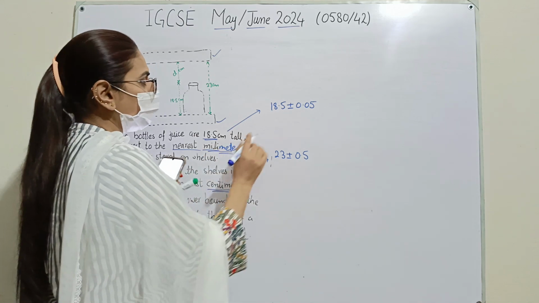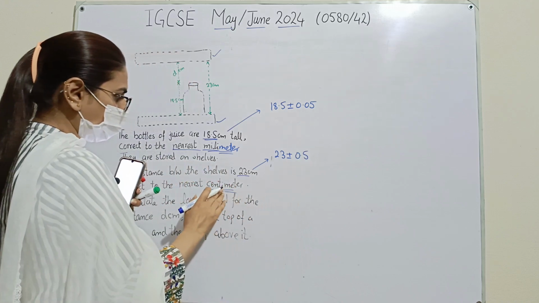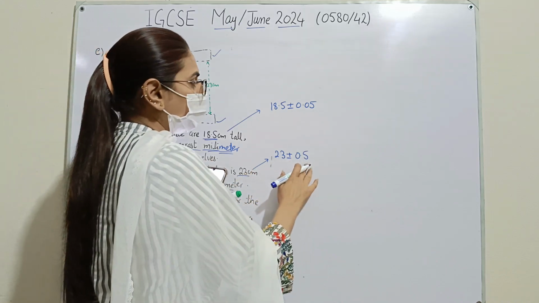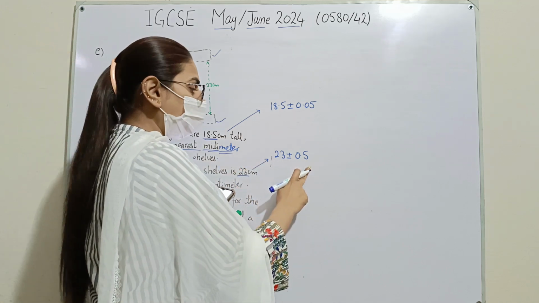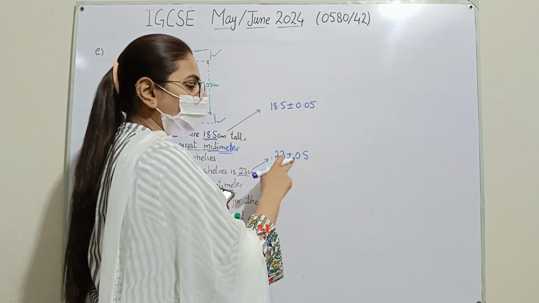If it is millimeter, then 0.05. If it is centimeter, it is 0.5. So the lower bound will be 23 minus 0.5 and the upper bound will be 23 plus 0.5.